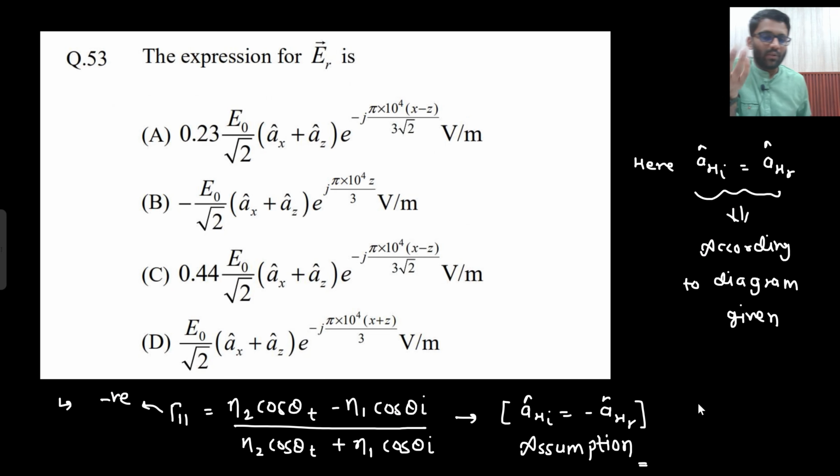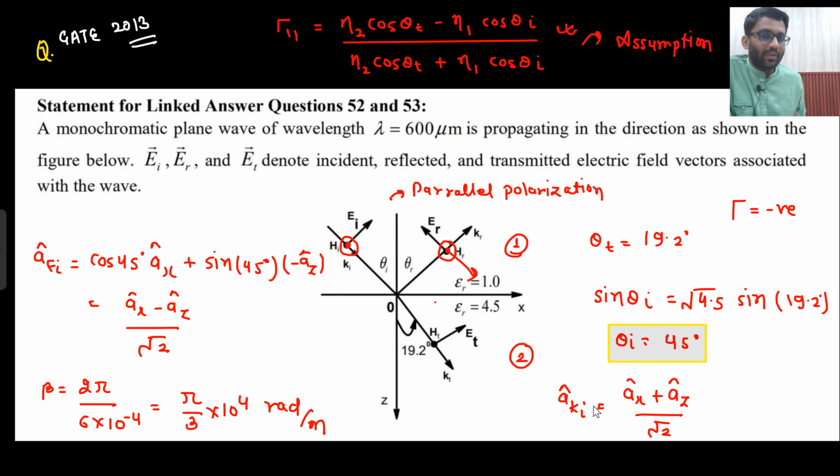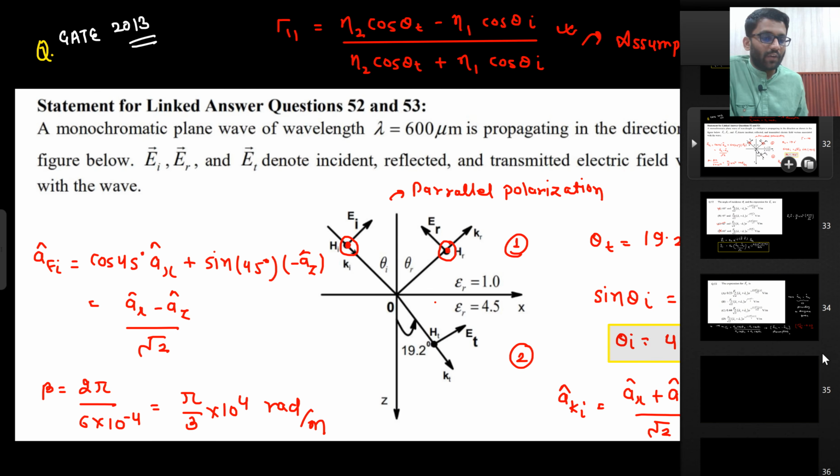Now I know the value of gamma parallel will come out to be minus 0.23. That means gamma parallel for electric field is coming out to be minus 0.23. If it was positive, that means this direction would have been interchanged. Why is that so? Because of how we derived the formula.